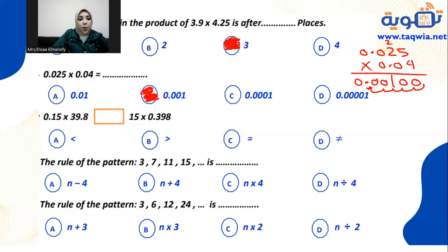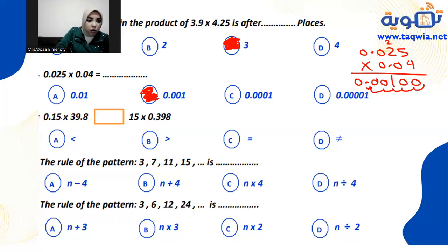Here 0.15 multiplied by 39.8 on one side, and on the other side we have the same digits. Do we multiply both and compare the two products? No, we have an easier method: count the decimal places.